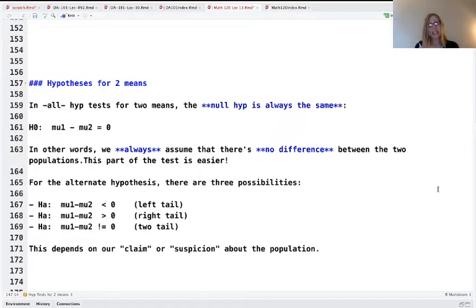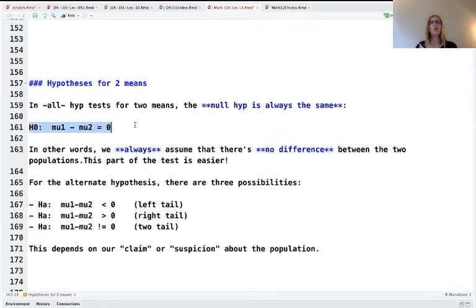First, the hypotheses, of course, the first step. These are actually kind of easier because if we're talking about tests for 2 populations, the null hypothesis is always the same for all of these things. Anytime we're doing a 2 means test, the null hypothesis is always the same.